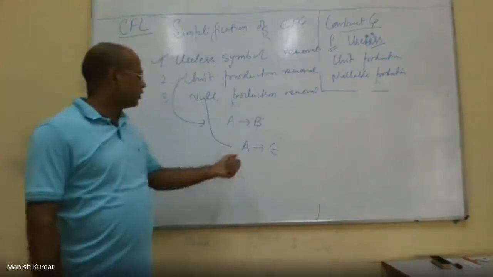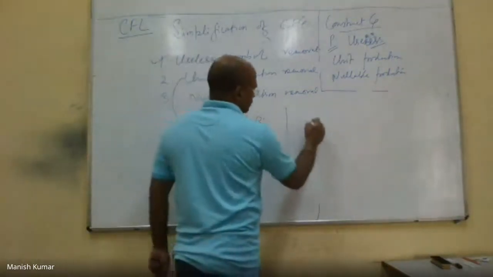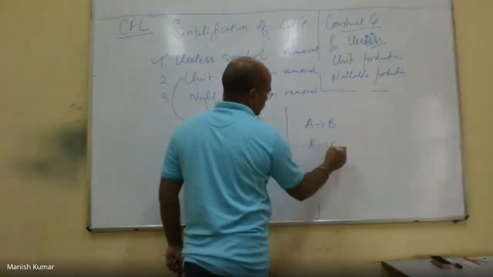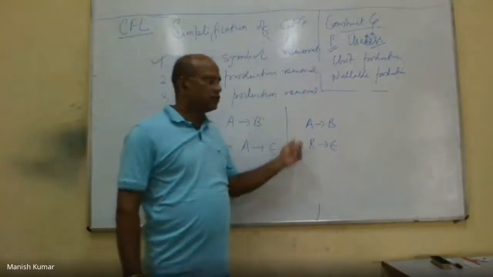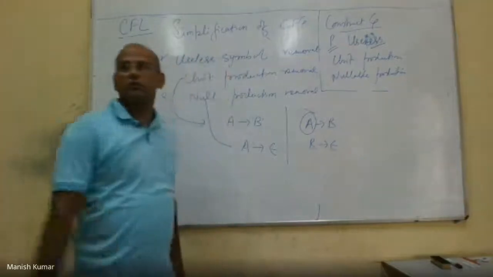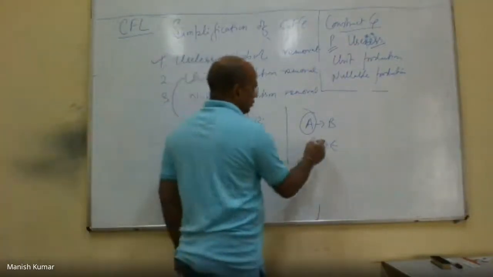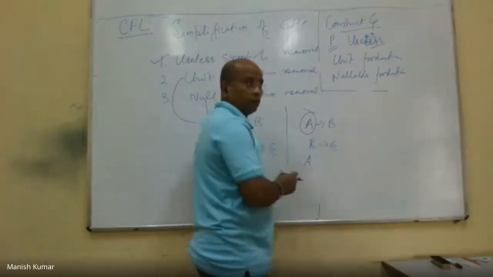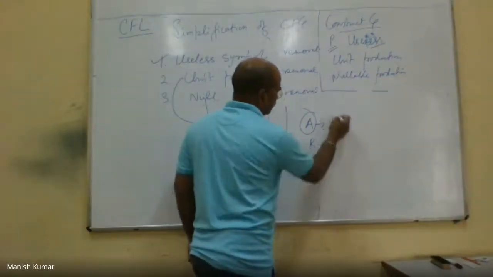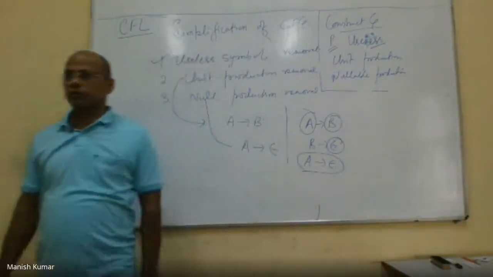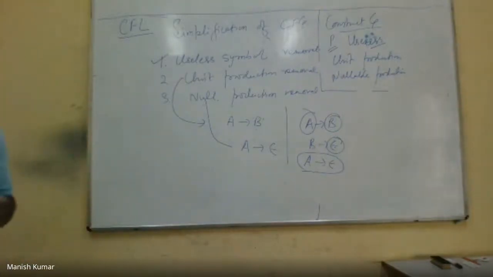Not only this, if you have A goes to B, and B goes to epsilon, in such cases even A has a null production. The moment B produces the epsilon string, it may be replaced, and A becomes a null production too. So both A and B are nullable variables.